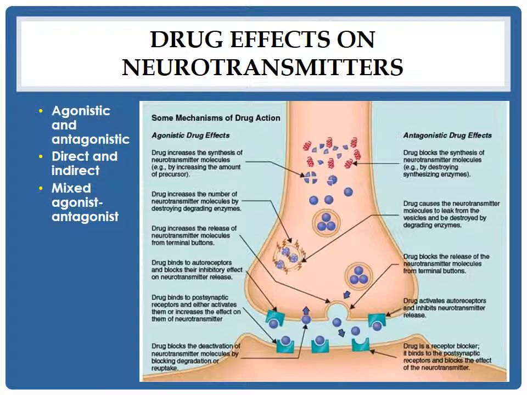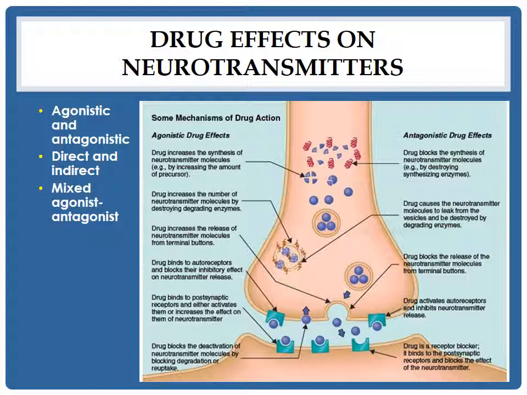Now there's different ways that this can happen. Direct agonists bind a receptor. They mimic the neurotransmitter. So it would be the second to the bottom on the left side, drug binds to postsynaptic receptors and either activates them or increases the effect on them of the neurotransmitter.